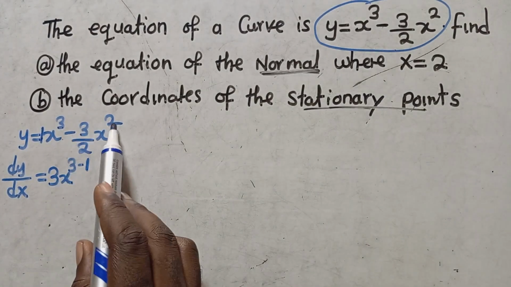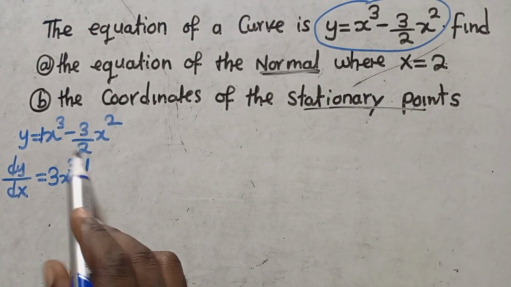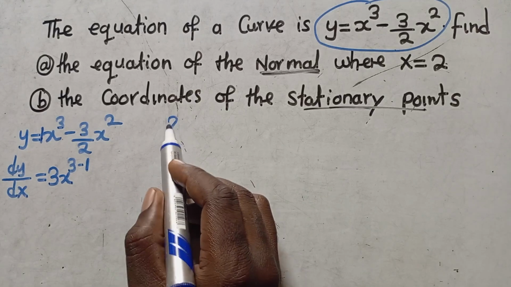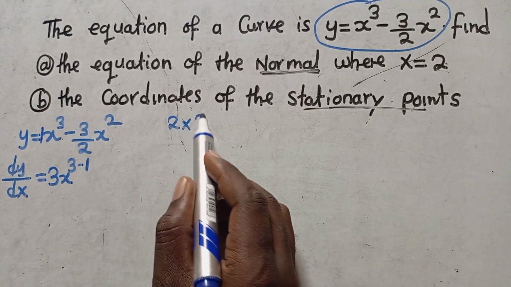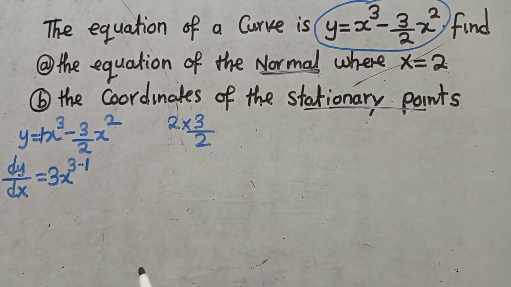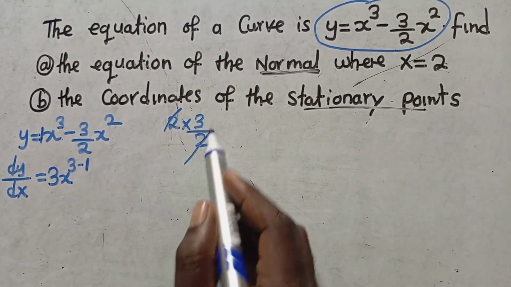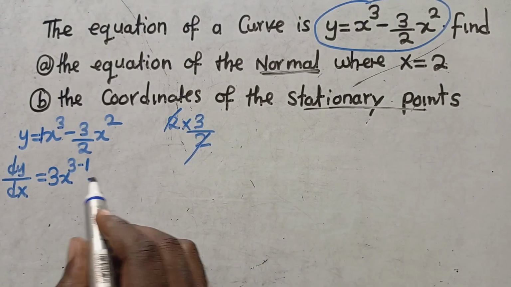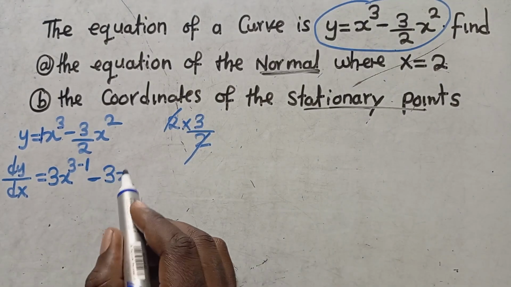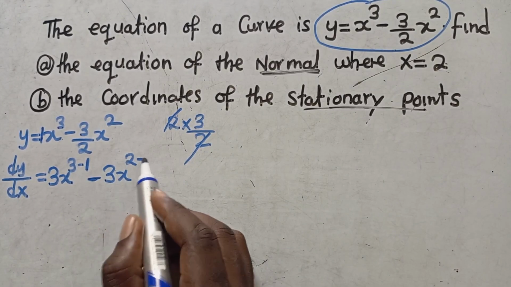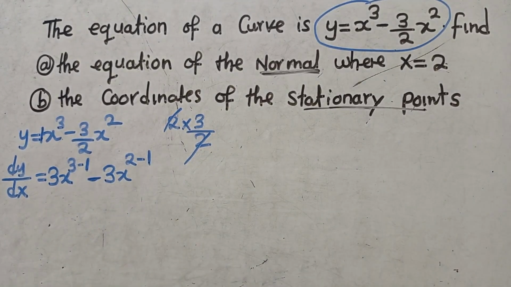What is happening here is 2 times 3 over 2. I just want you to have a picture. This and that is going to cancel out, you're just going to remain with a 3. So minus 3, then x is squared there, minus 1. Hope you're able to see what is happening here.